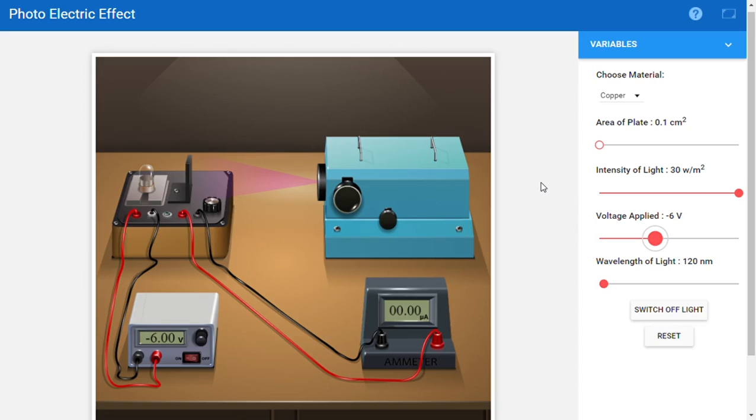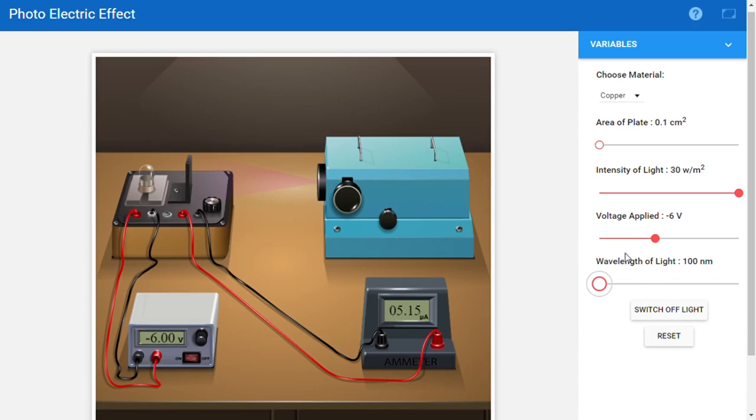Now we will try to plot a graph for different wavelengths of light at constant intensity. Let the area of the plate be 0.1 centimeter square and the intensity be kept constant at 30 watt per meter square. Now we will vary the reverse voltage till the current in the ammeter becomes 0, and we will take the readings of current and voltage to plot the graph between photoelectric current and stopping potential.